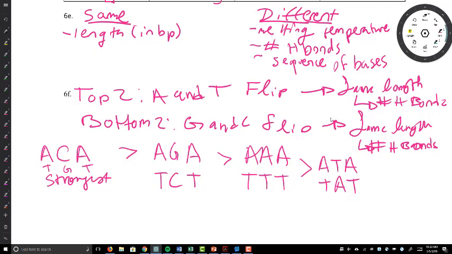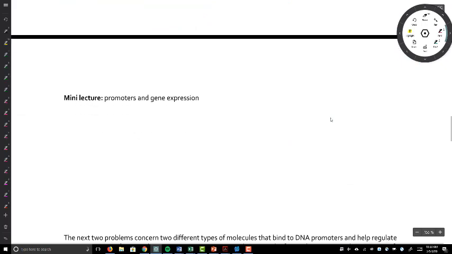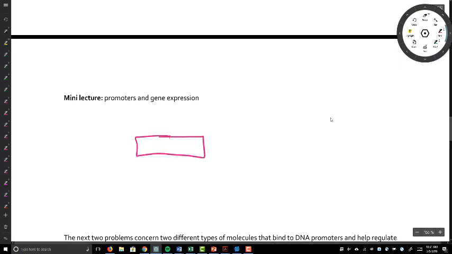So if we do a quick foray into gene expression, say we're hanging out in the genome of an organism. We have a gene, which is a fancy name for DNA that codes for RNA that codes for protein. There's a short sequence of DNA that comes before the gene, called the promoter.